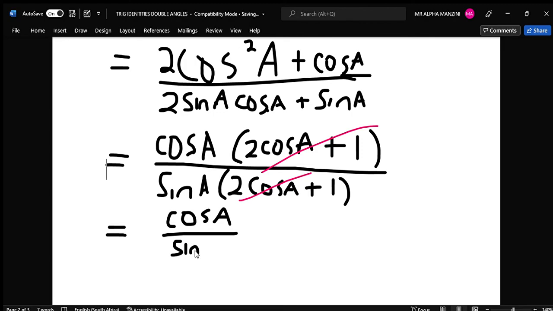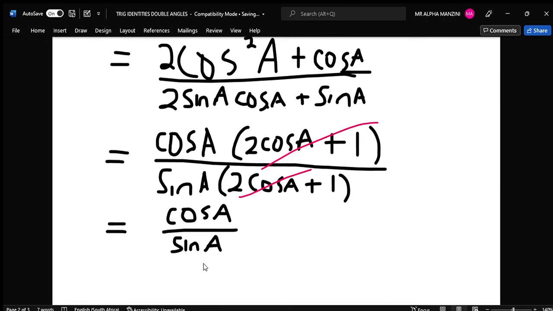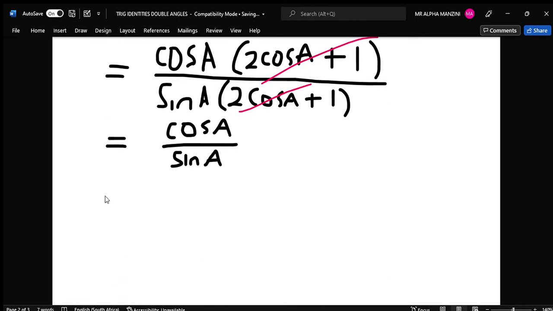Since we know cos A divided by sine A is cot A, the reciprocal of tan, we're left with cot A.